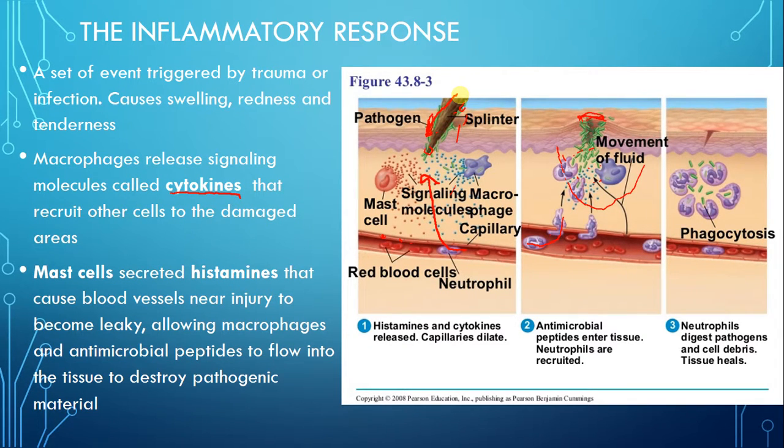Systemic inflammation can often lead to what's called septic shock. What happens in septic shock is profuse secretion of histamines causes major blood vessels to become leaky like this, and fluid to travel into the surrounding spaces.